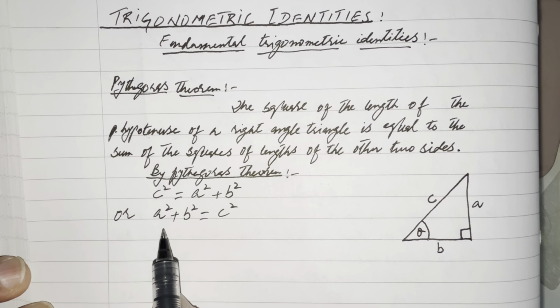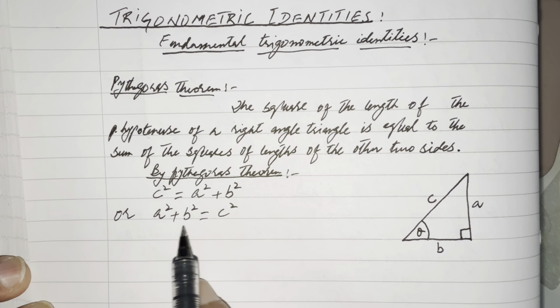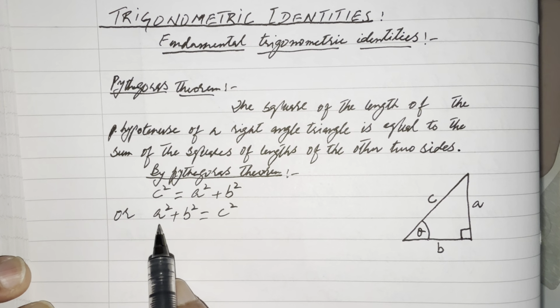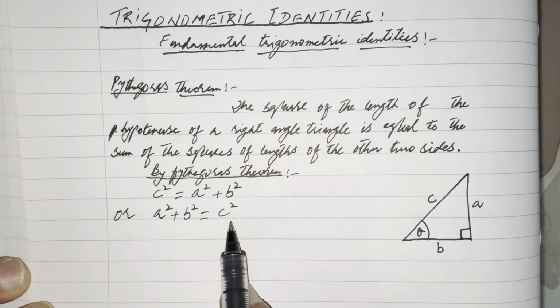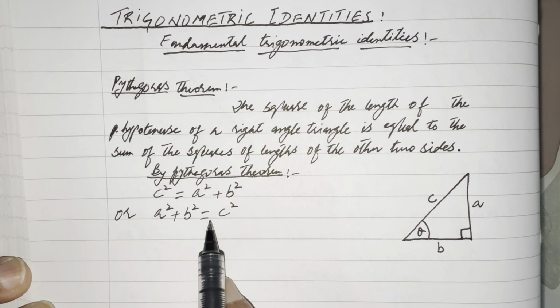What we are going to do is divide one by one with A square, B square, and C square, as the Pythagoras theorem is given in front of you.